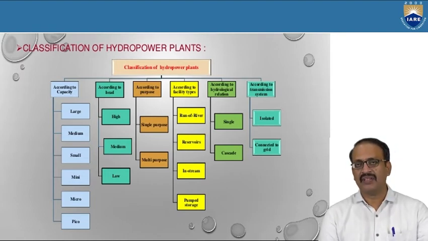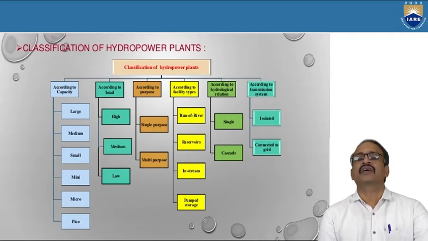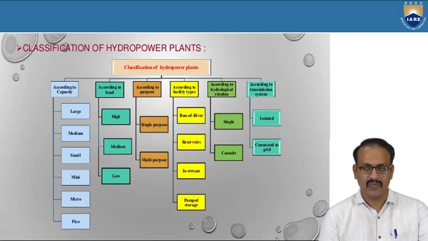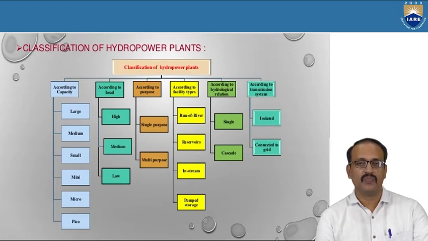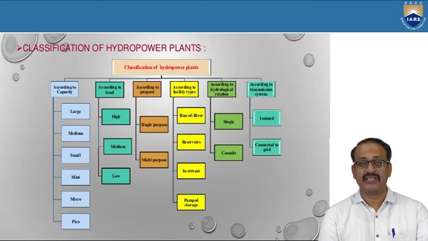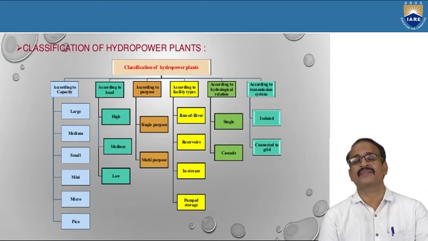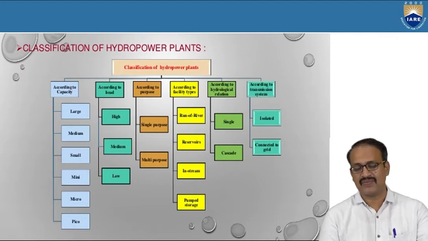See here, regarding hydropower plants, no private multinational companies or private companies will show interest in constructing a hydropower plant because of various reasons. And almost all the dams, especially the large dams which we have constructed, are multi-purpose dams.